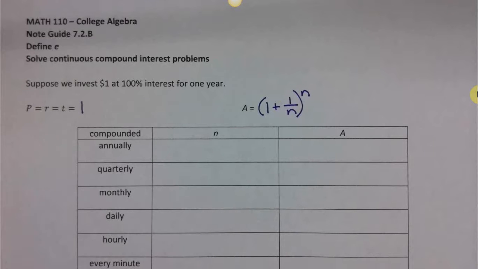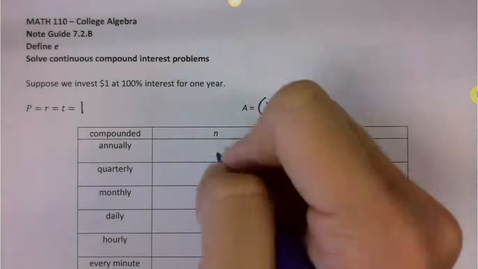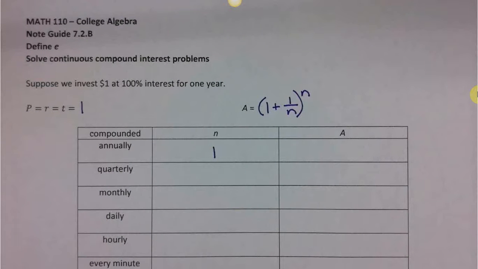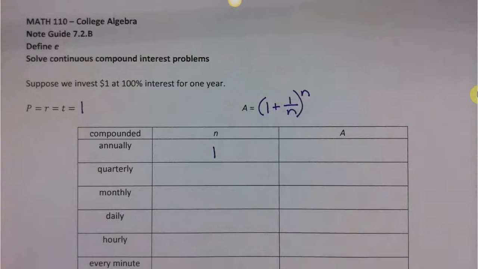Now if this $1 at its 100% interest is compounded annually, that means that N is just 1, and plugging 1 into this formula in place of N gives us a value of A equal to 2.